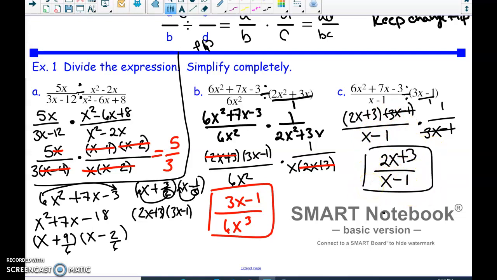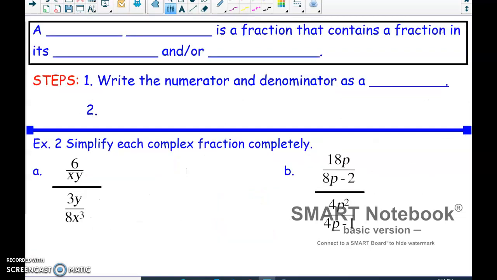So basically the same thing we did yesterday. We're still multiplying, we're still factoring, simplifying, and then multiplying what's left over. But this time, instead of just simplifying first, we have to flip that second fraction and then start our simplifying process.